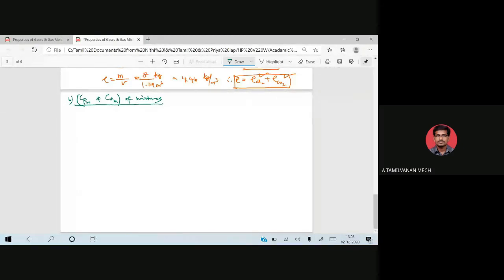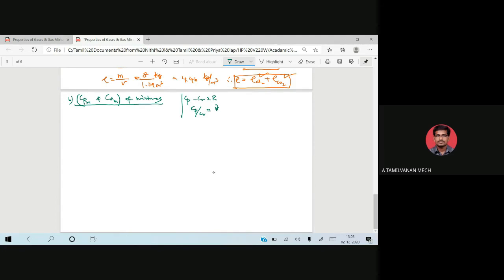We have a standard equation, Cp minus Cv is equal to R, then Cp divided by Cv is equal to gamma. Why am I going to write this equation? Here we already found R, and gamma was given in the problem. So from the two values, we are going to find either Cp or Cv, and from that we find the other.